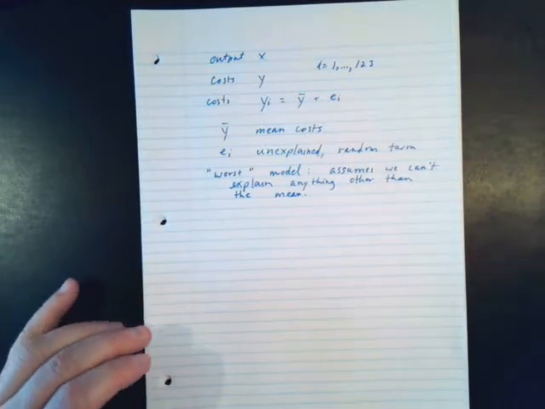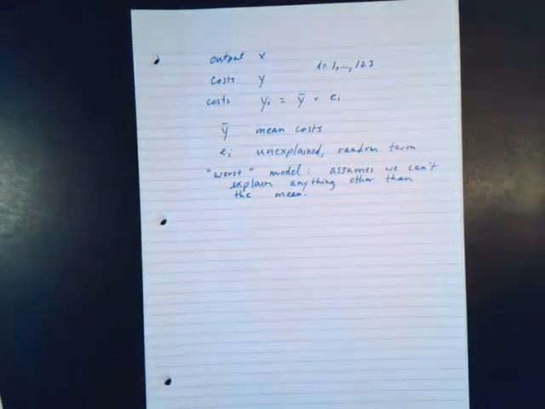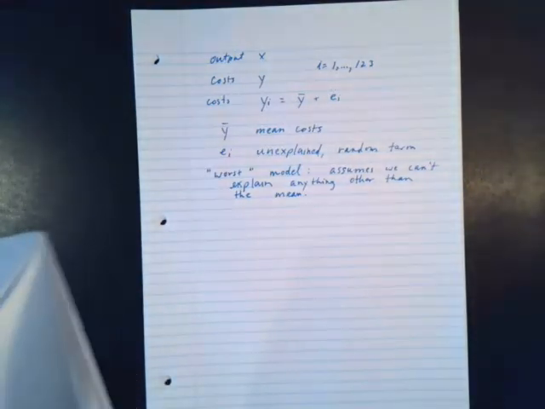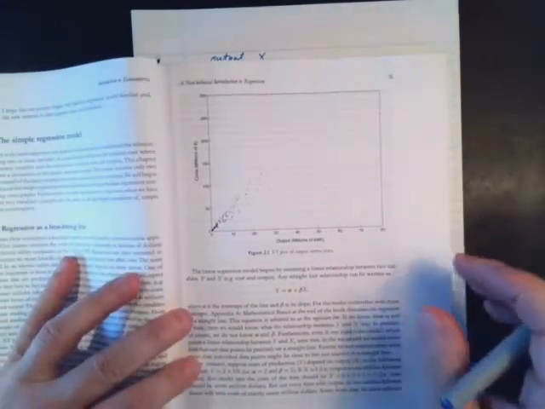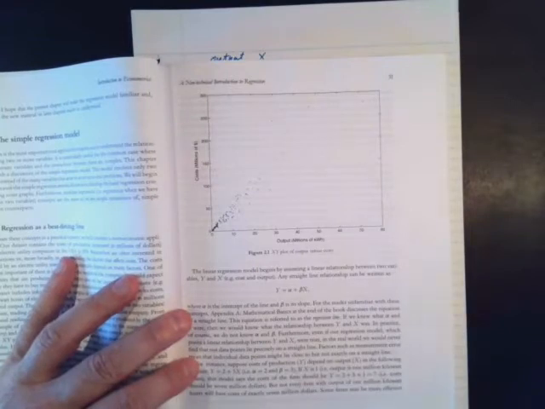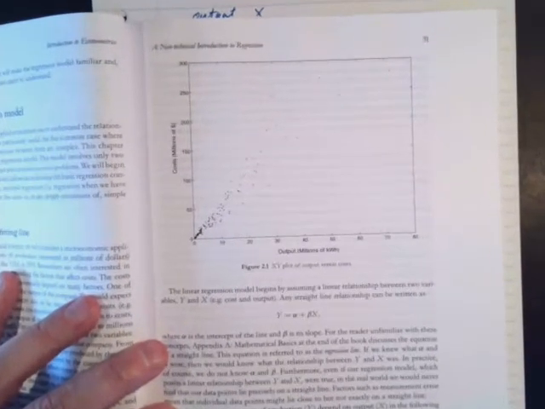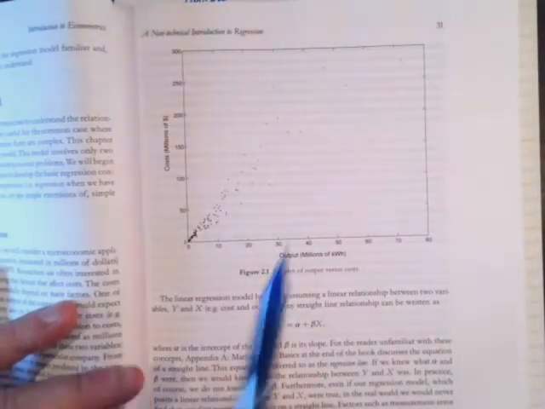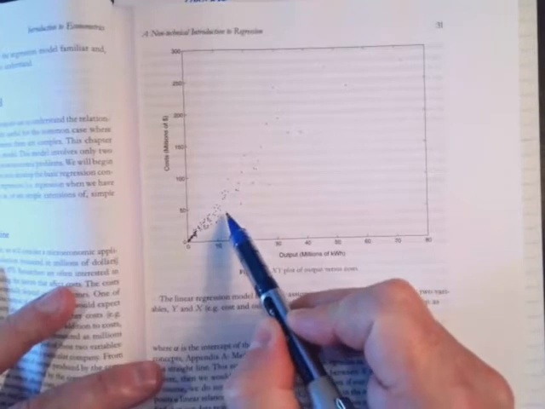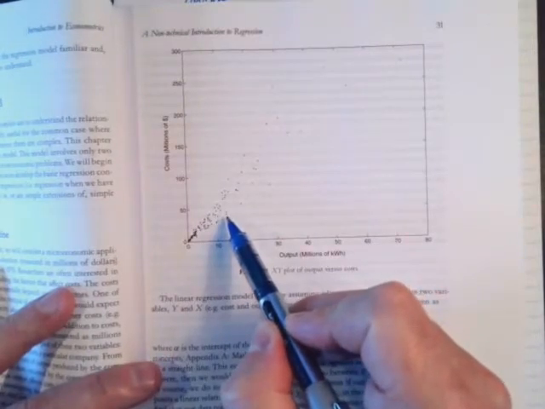And if we go back to the figure, the idea here would be if you had this data and somebody said, okay, well, we've got this utility here represented by that dot, that observation, and that utility, their operating costs are about 50 million a year.